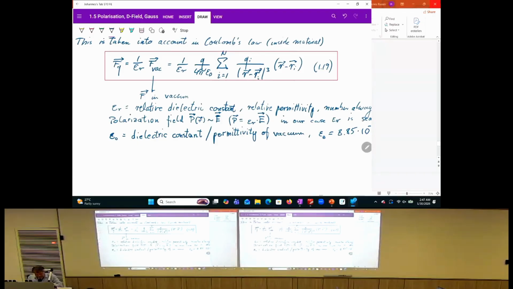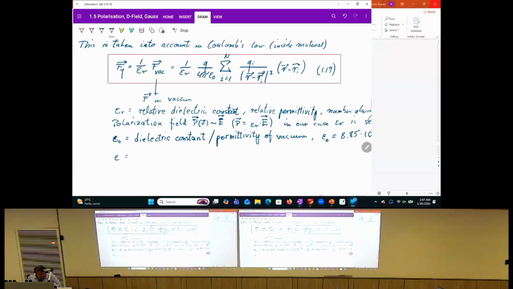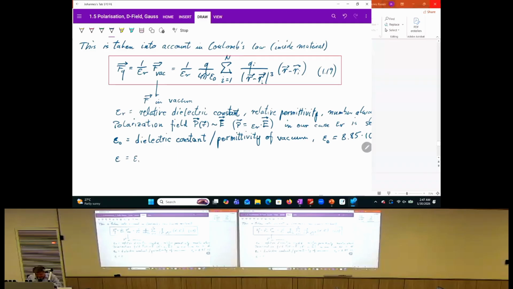Then the material actually has a permittivity which we denote as epsilon, and that is epsilon naught times epsilon r. So the relative permittivity is adjusting the permittivity of vacuum so that you have the proper permittivity of your material.